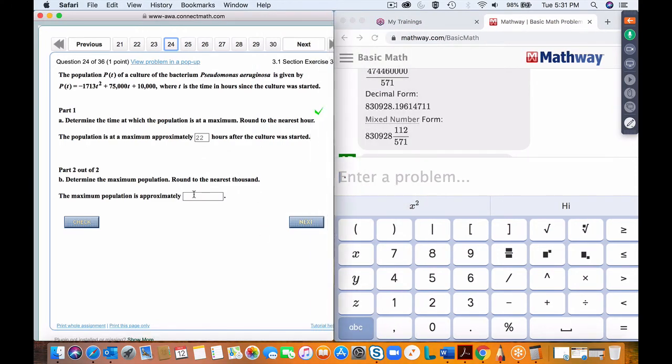So let's just type over here 830928. It will be rounded to the nearest 1,000, so you have to be careful. They say round to the nearest 1,000.